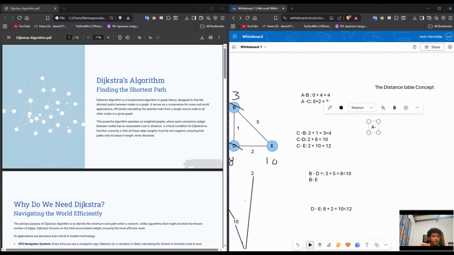A to A is 0 because it's the initial distance. A to C to B is 3.